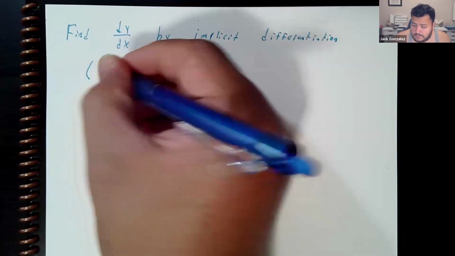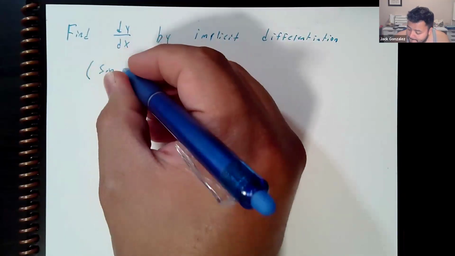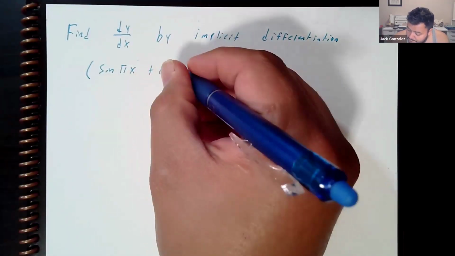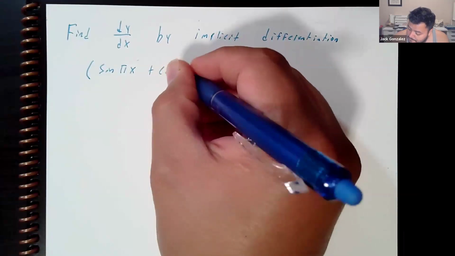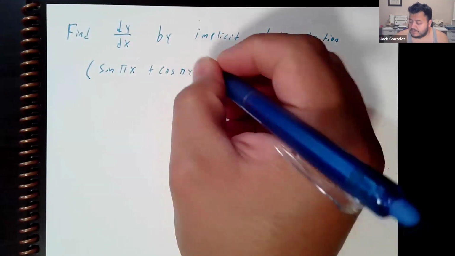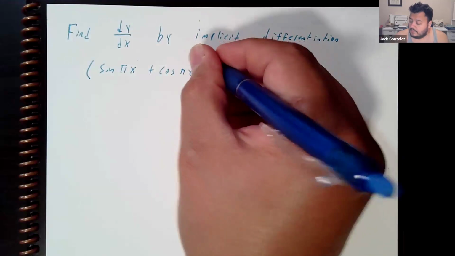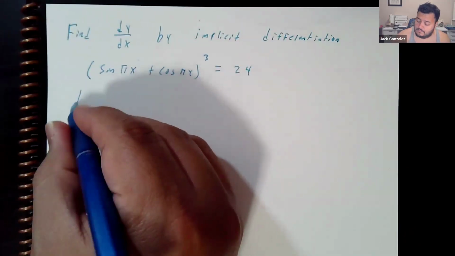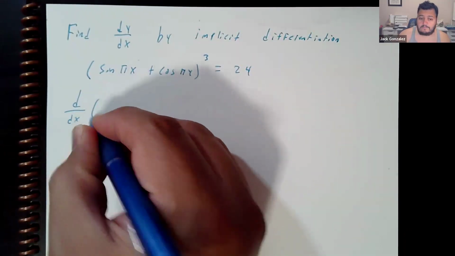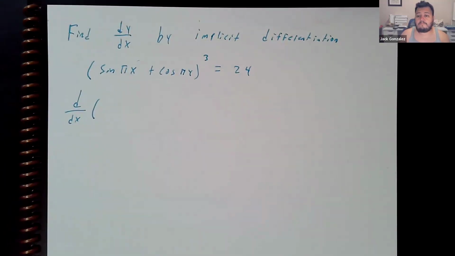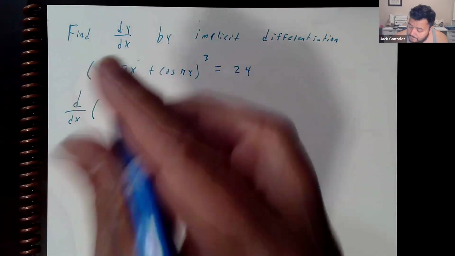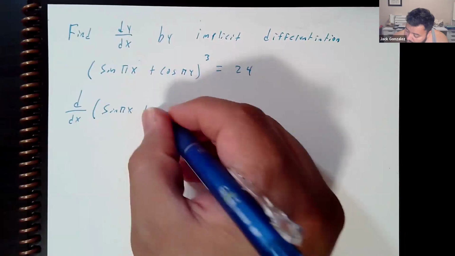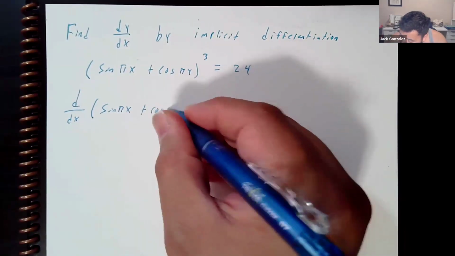Oh, see, someone requested this one: sine pi x plus cosine pi y, cubed, equals 24. So the derivative of both sides is going to be another chain rule, but with trig functions.